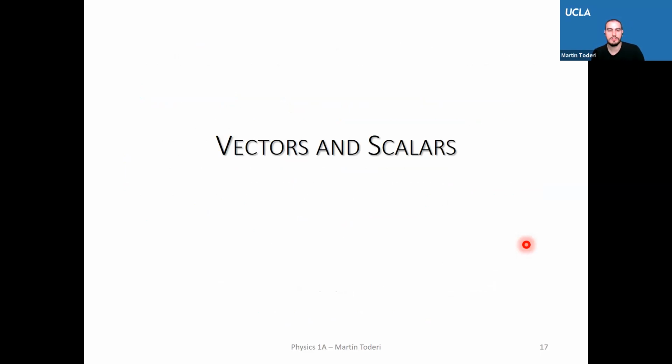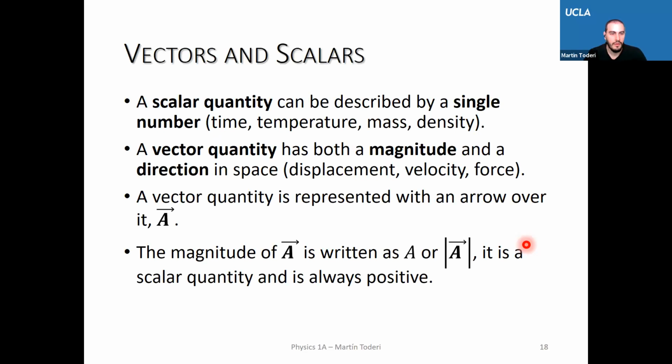Okay, so let's move on to the first topic, that would be vectors and scalars. Vectors are a very important quantity in physics. Why? Because everything that we're trying to characterize in our world is gonna have a direction in space, because we are in 3D space. Let's take a look at the definitions.